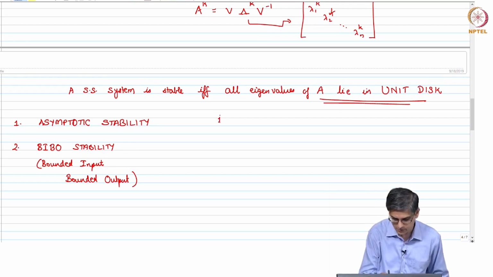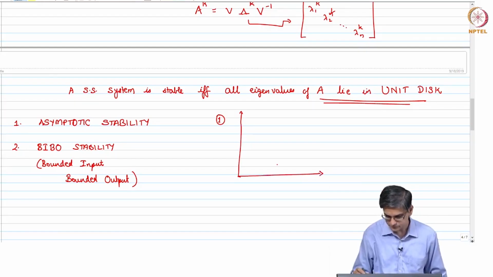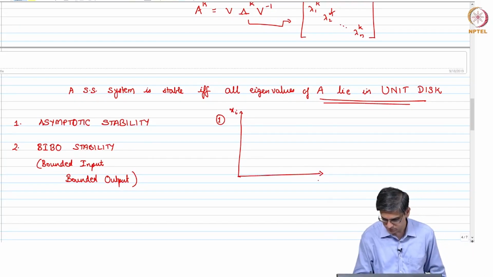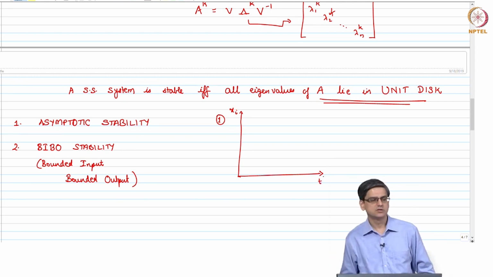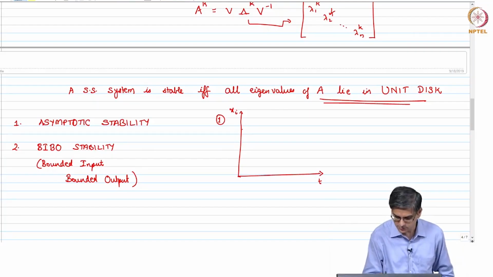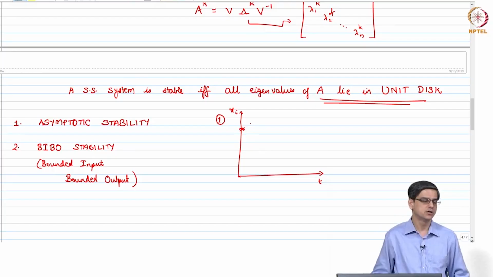The other is asymptotic stability, which basically means that you have your x, and at time 0 you start at some arbitrary point in your n dimensional space. I am just plotting one of those x's.